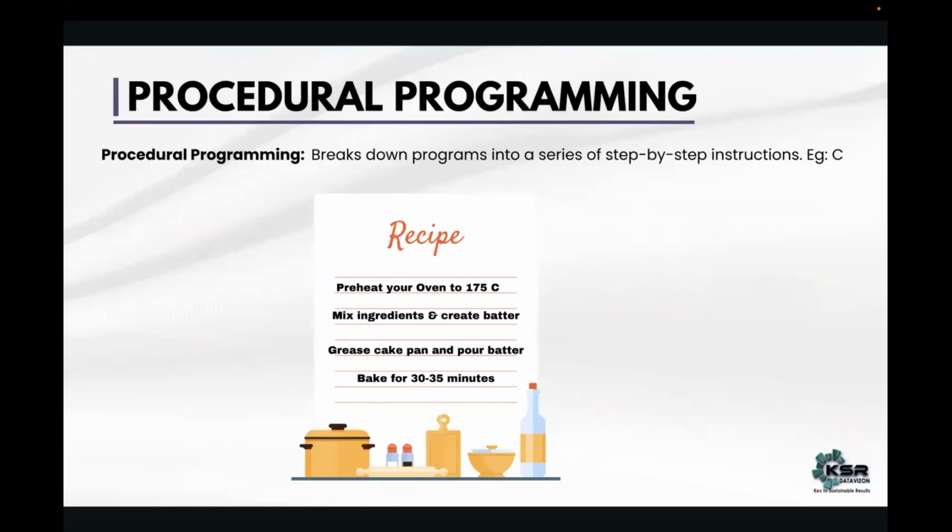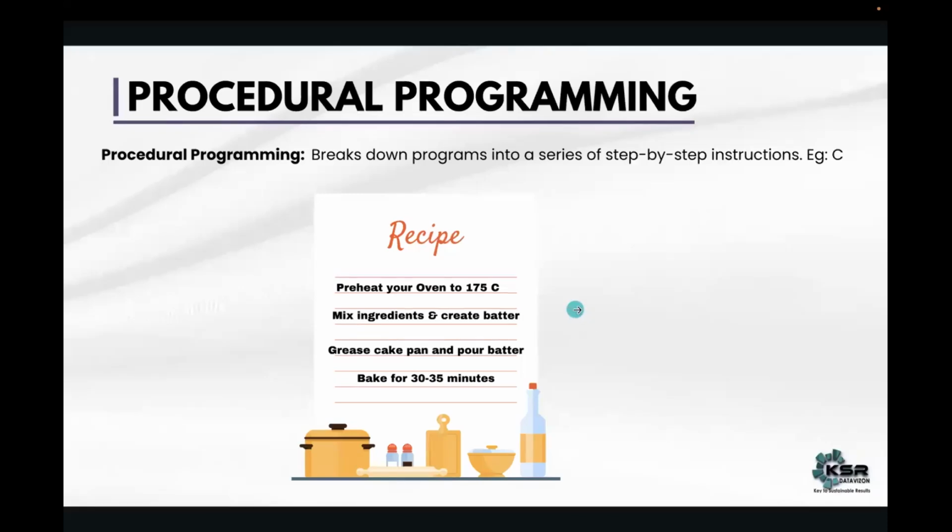So, what is procedural programming? In procedural programming, we break down programs into a series of steps, step by step instructions. Example, C. Let's say you want to check if a number is odd or even. What you will do is divide by 2 and check the remainder.